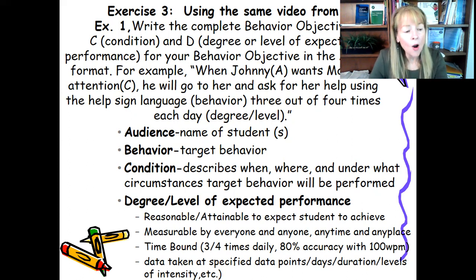You could say for how often, or you could also use it for percentage of accuracy or fluency, level of mastery, or even the intensity of the behavior that you want the child to perform. Condition describes when, where, how, and under what circumstances the target behavior will be performed.